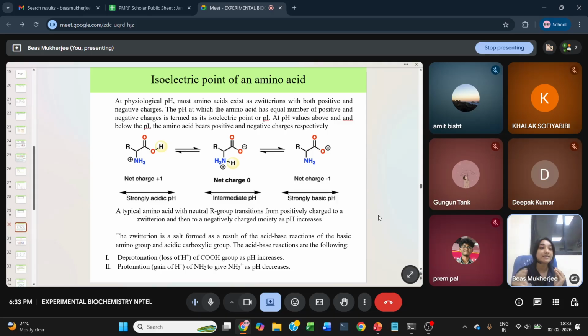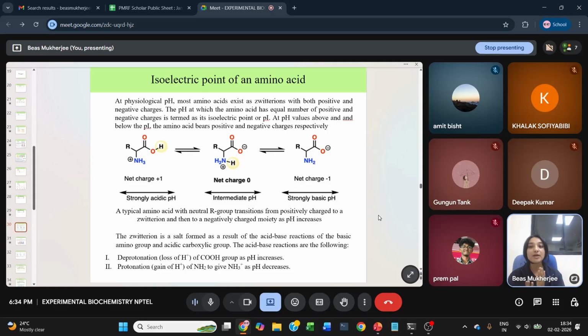So at strongly acidic pH, the COOH group is retained, and so the net charge on the molecule is positive. But at strongly basic pH, the COOH group releases the H+ ion, and the NH3+ group also releases its H+ ion, and so the net charge on the molecule becomes negative.